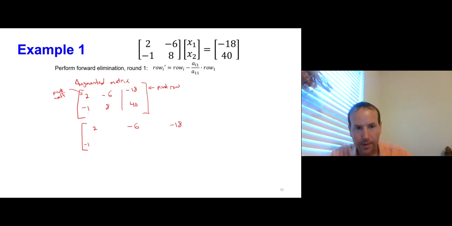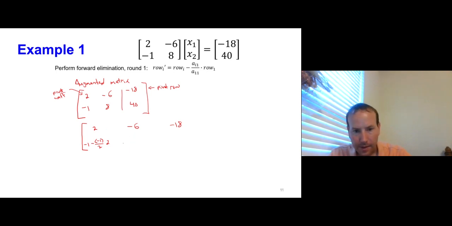So we're going to start with -1 because that was the original value, minus the A21 value. That's this position right here, so that's why we're multiplying that, and we divide by our pivot coefficient.